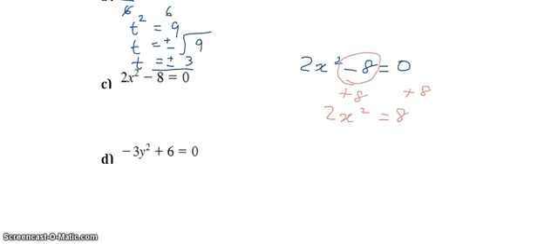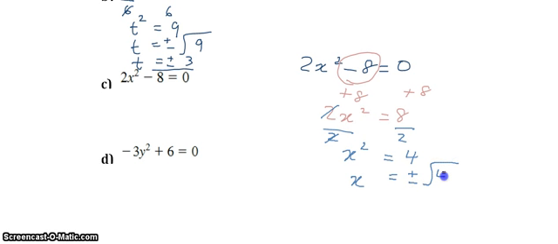My next step, I'm going to divide both sides by 2. So I just want x squared by itself first. 2 divided by 2 is 1. So I'm left with x squared equals 4. To get from x squared to x, I need to take the positive or negative square root of 4. And therefore my value of x will be plus or minus 2. 2 answers, because I've got to account for the positive and negative.